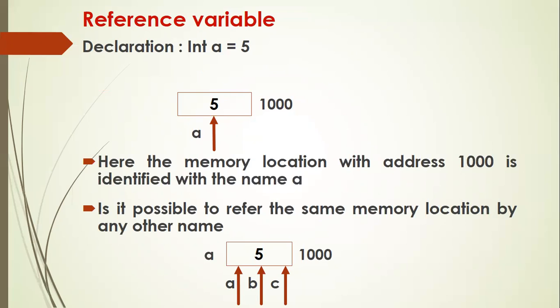Now what I'm doing is the same memory location with the address 1000 with the name a, I will try to rename with two more names called b and c. Now a, b, c all refer to the same memory location 1000 and the value is 5 only. Here the original name is a, but it has two more names called b and c.